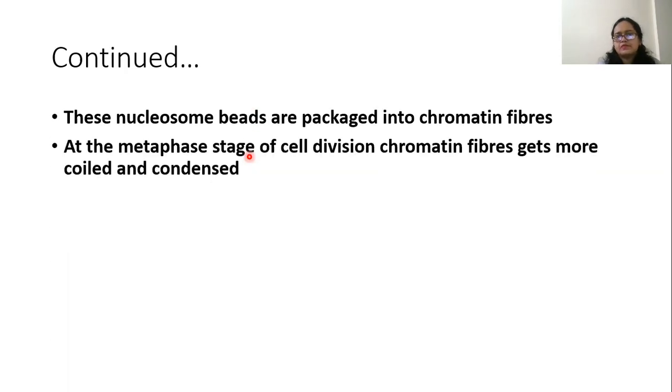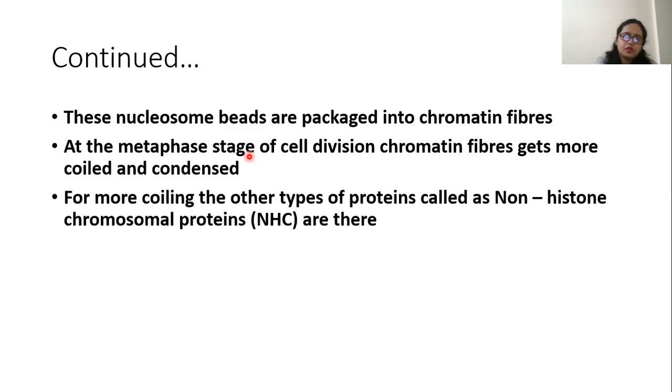Next, at the metaphase stage of cell division, chromatin fibers get more coiled and condensed. We know that the cell cycle has different stages, so at the metaphase stage these chromatin fibers further undergo coiling and condensation. For more coiling, there are some other types of proteins apart from histones. They are called non-histone chromosomal proteins.